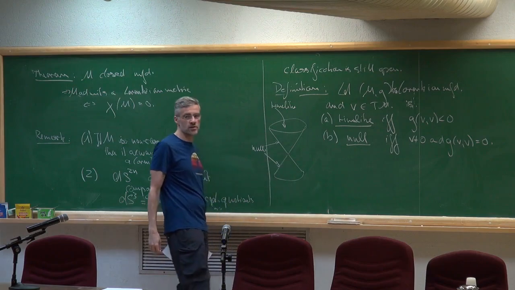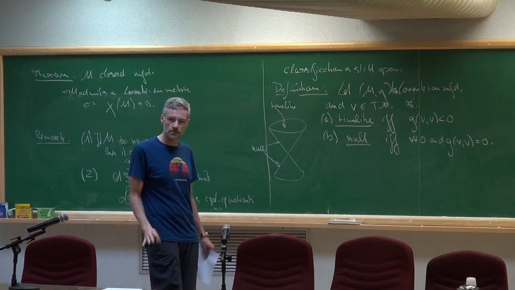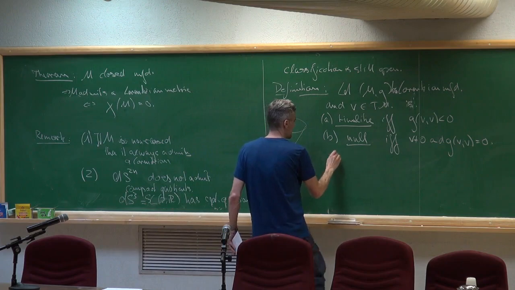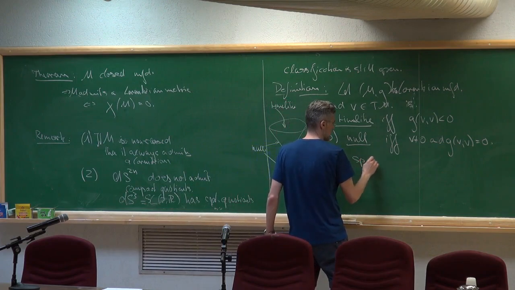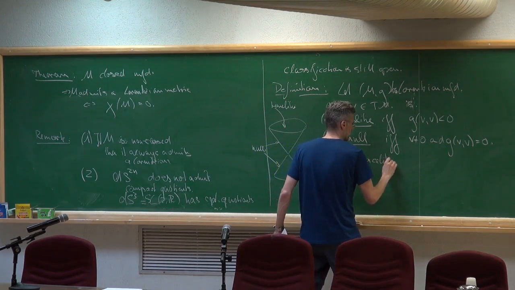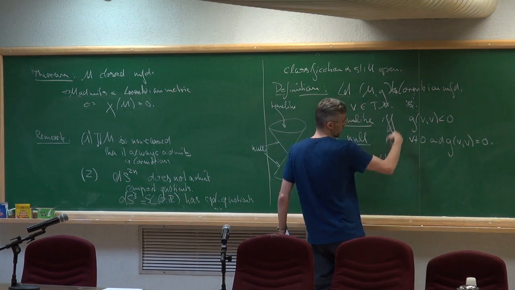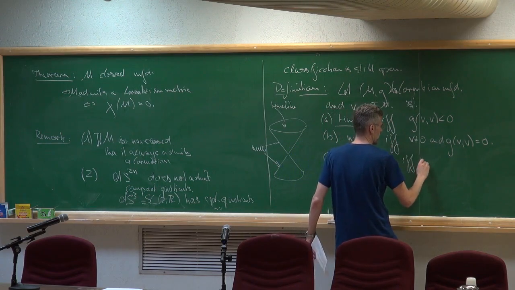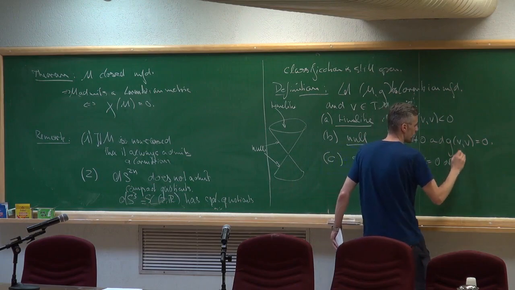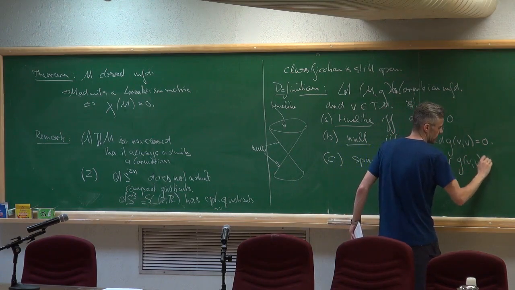A null vector is never any physically meaningful vector. C, it's space-like if it is neither of those two, so if v equals 0 or g of v is positive.